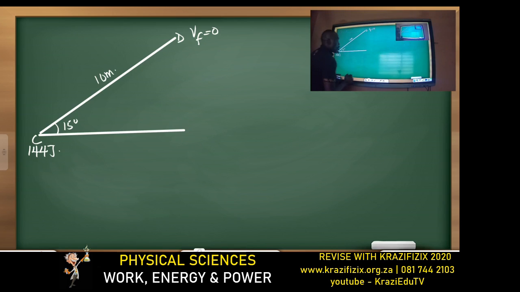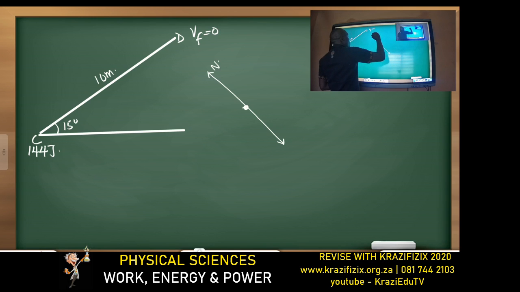Listen, draw your free body diagram. Very easy for you. Let's just make sure we draw our free body diagram. That's going to be my normal, and this is going to be my FG perpendicular. Now my FG parallel, always acting down and parallel, and then I have friction.